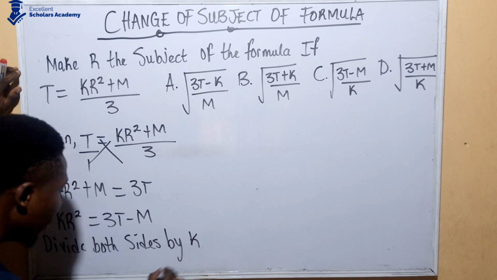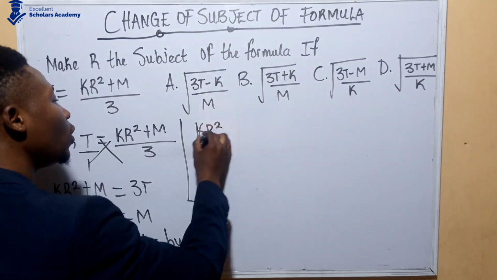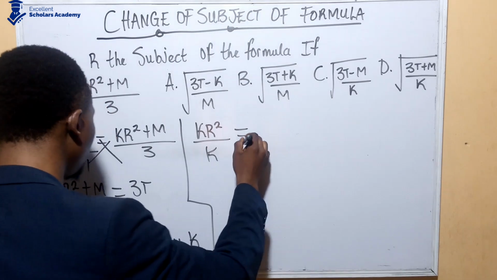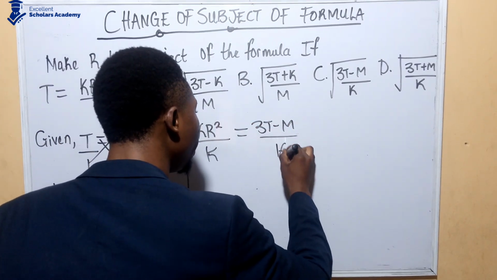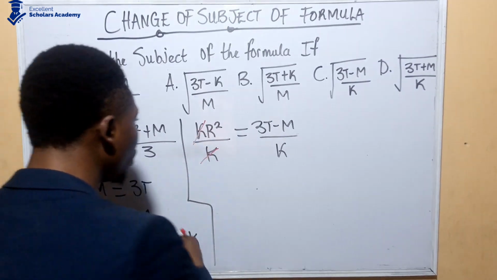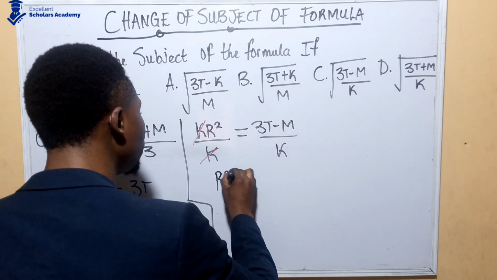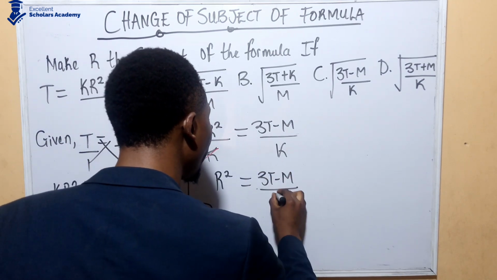When you do that, that becomes kr squared over k is equal to 3C minus m over k. So what are you going to have? k takes away k. And then you're going to be left with r squared is equal to 3C minus m over k.